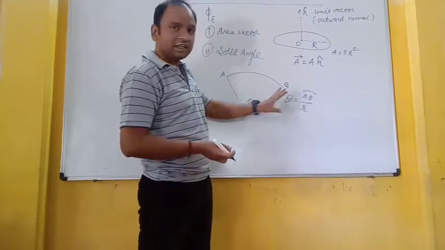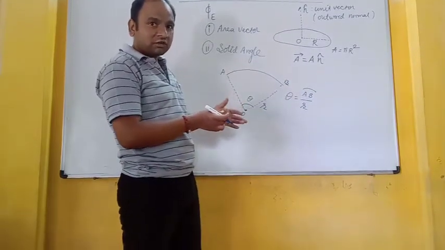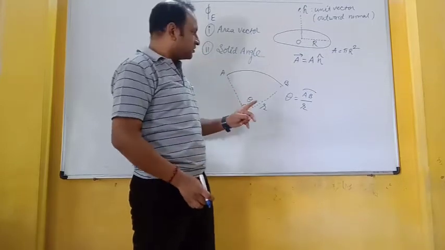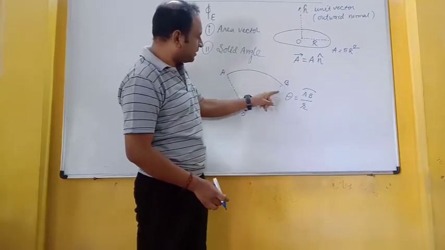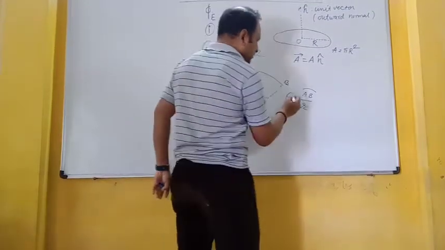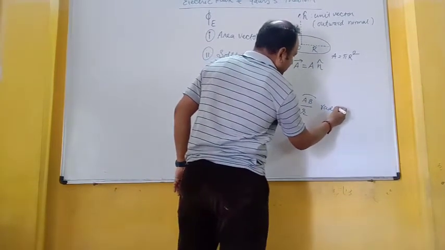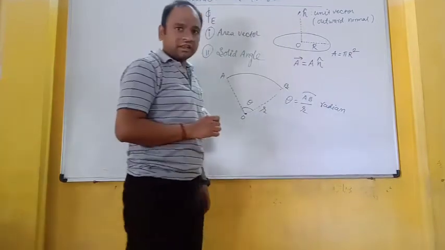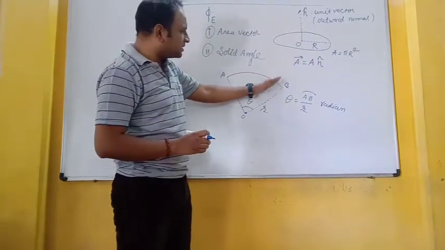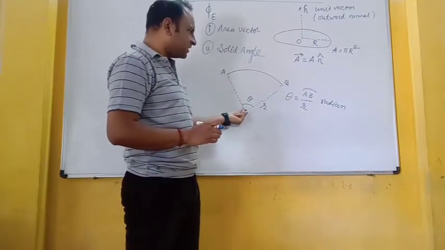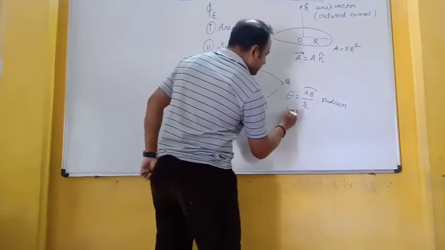Of course angle is a dimensionless quantity, nevertheless it has a unit. The unit of that is radian. But this angle which the arc is subtending at this point is known as a plane angle.